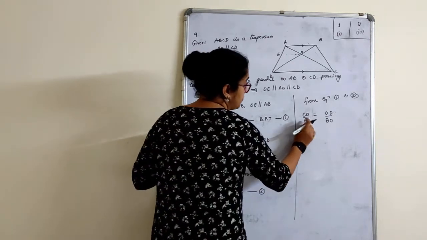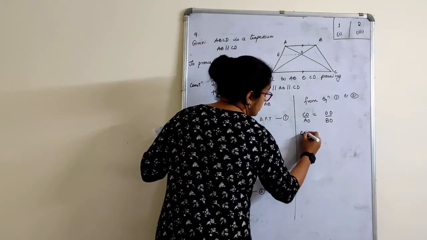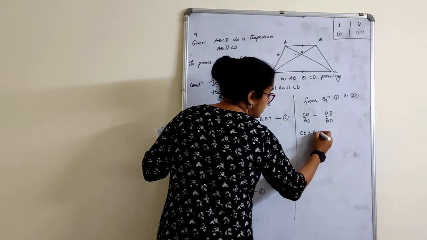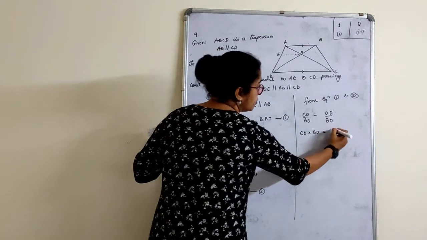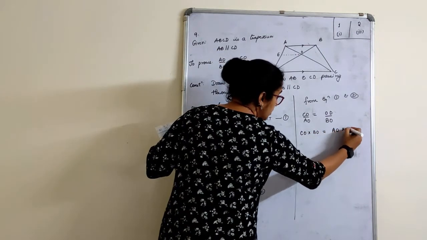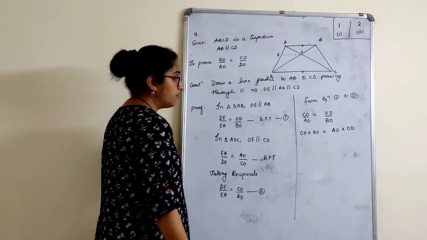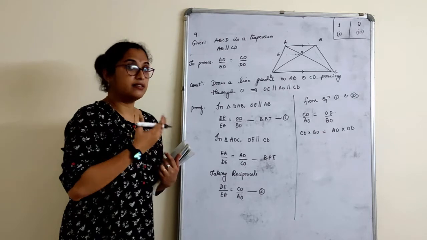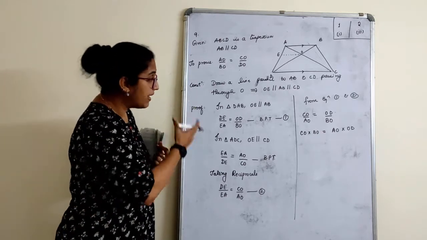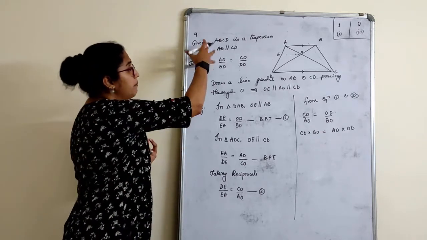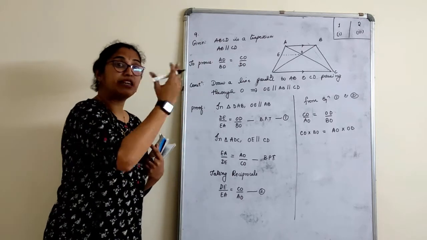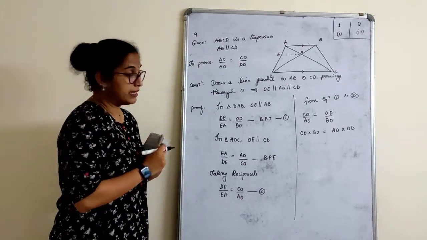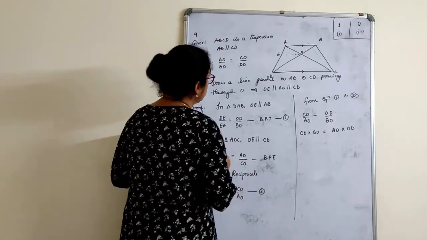Cross multiply them. So this is CO into BO is equal to AO into OD. Always remember, children, at the end point, if you have the reverse answer, take the reciprocal. And you have almost the answer nearby, but the terms are jumbled up in your left hand side and right hand side. Cross multiply them. Okay. Now we cross multiply them.